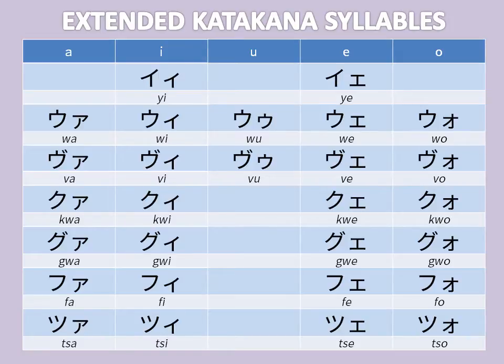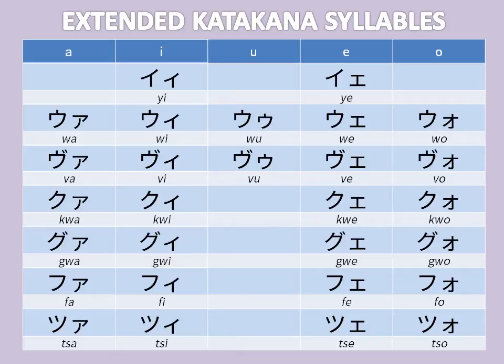So to do that, we have to combine the existing katakana characters or symbols to create new syllables so that we can create several other sounds as well. So I have listed a few of them. Let's see. We will go row wise from top to bottom.